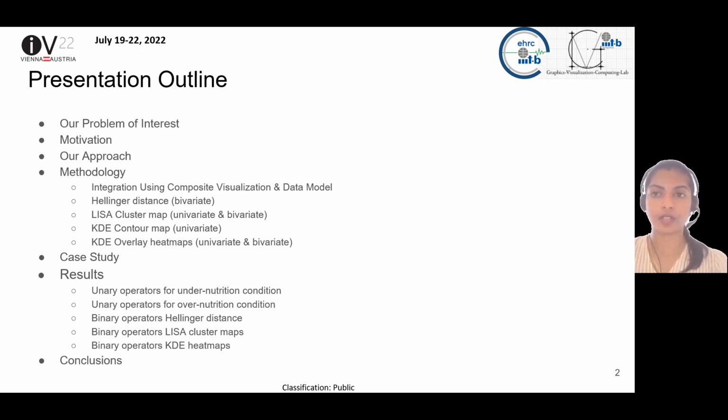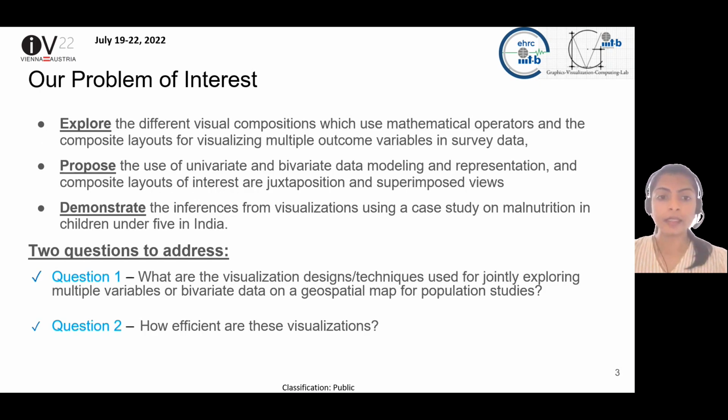Outline of the presentation today. Maps are widely used for relaying spatial association in trends in population studies and thus are included in such dashboards, which are essentially coordinated and multiple views.